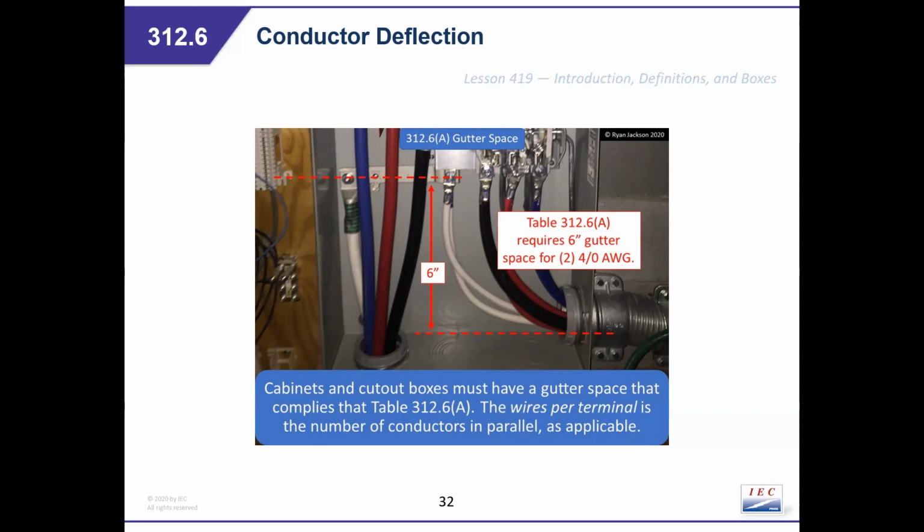Wires per terminal is the number of conductors in parallel as applicable. Okay, so 312.6a requires 6-inch gutter space for two 4-aught AWG conductors.